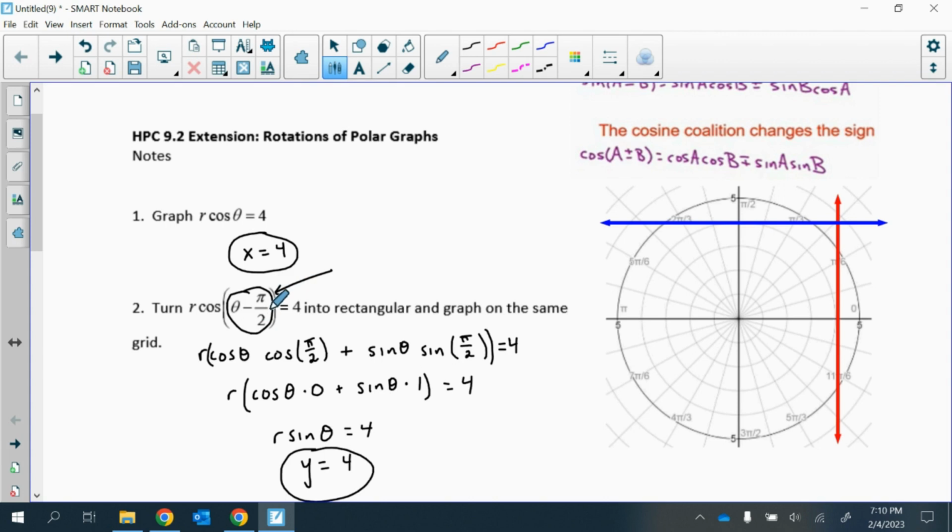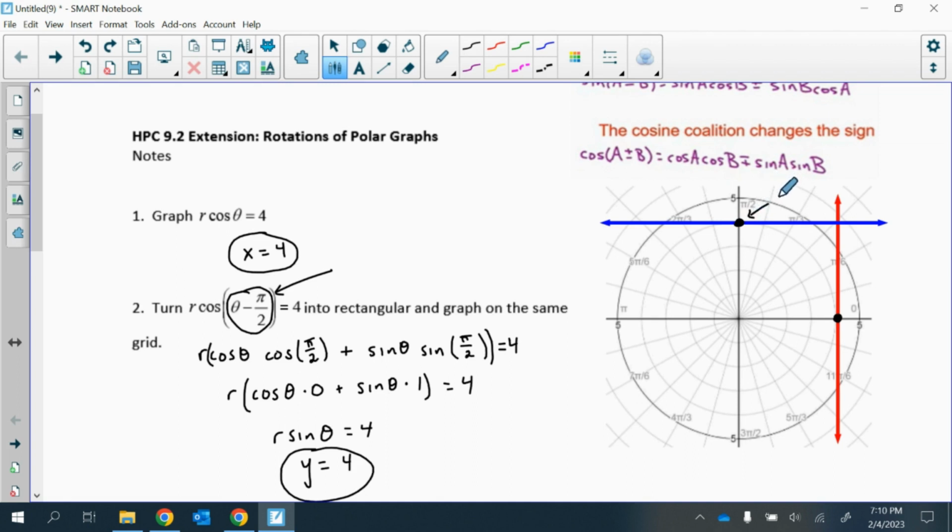Theta, this would have been called a translation in rectangular, but this is not a translation, so to speak, because we're dealing with angles. And so if an angle moves by pi halves, we're going to rotate the graph pi halves. So notice what happens is that if the coordinate that was tangent to the circle r equals 4 was over here, that point got rotated pi halves.